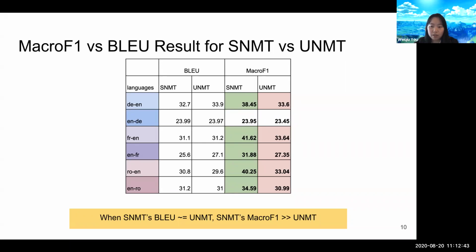And for convenience, we selected the system that has the closest BLEU from the WMT submitted systems for the shared test, for English-French, French-English, Romanian-English and English-Romanian. Surprisingly, even though SNMT and UNMT have similar BLEU scores, SNMT has much higher macro F1 scores in most language pairs.